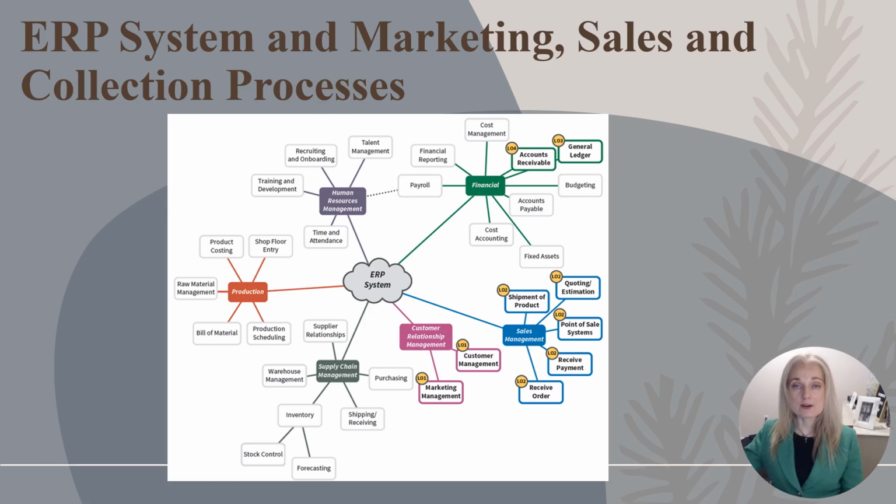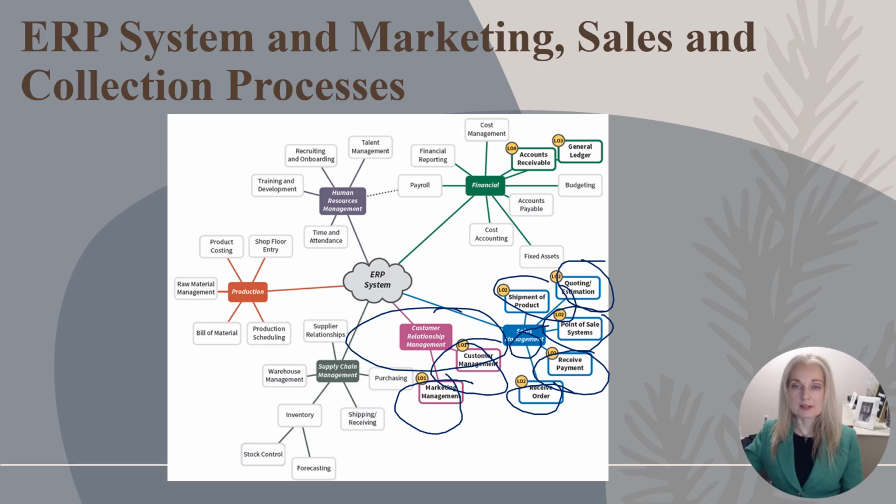So here's an ERP system that shows where the marketing, sales, and collection processes are. We have our customer relationship module that looks at customer management and marketing management. And then we have our sales module that looks at receiving orders, receiving payment, point of sale systems, quotations and estimations done by our sales team, and the shipment of product.